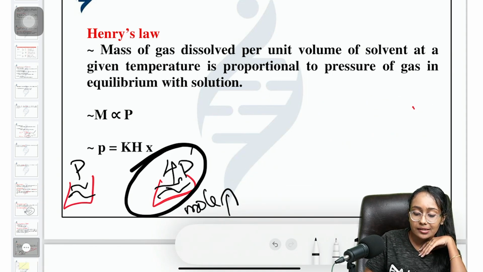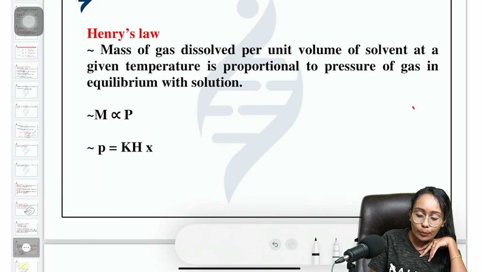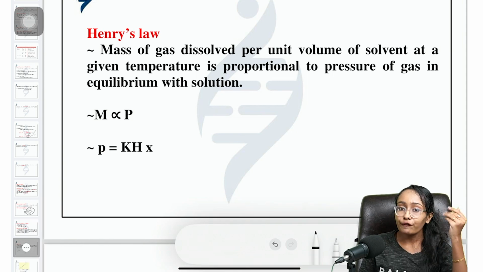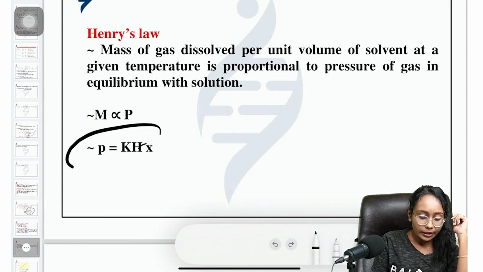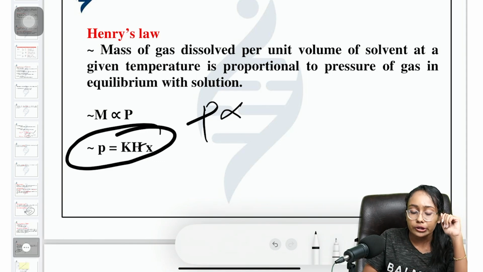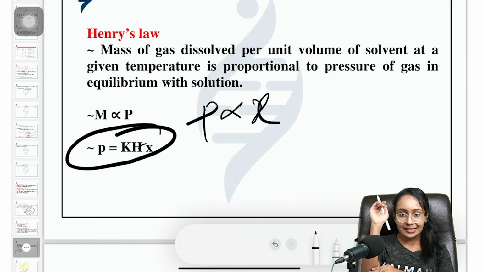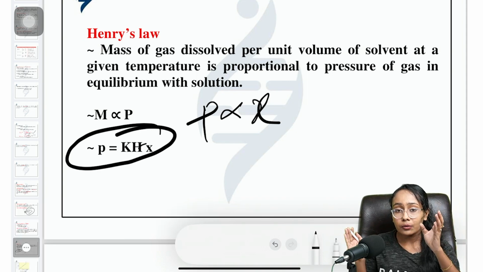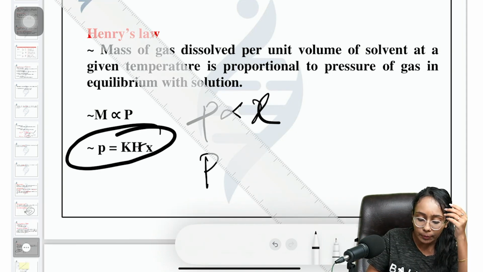What Henry's law says is that the amount of a gas dissolved in a liquid at a given temperature is directly proportional to the mole fraction of the gas. That is the law given here. Partial pressure of a gas is directly proportional to mole fraction, that is chi. Partial pressure directly proportional to mole fraction, and hence I need to remove the proportionality, so I give a proportionality constant.